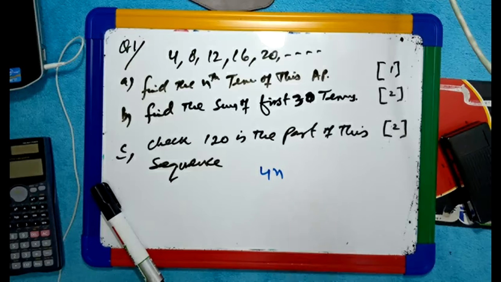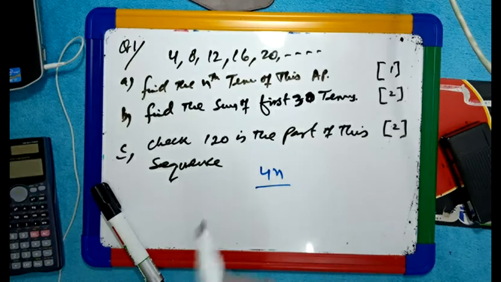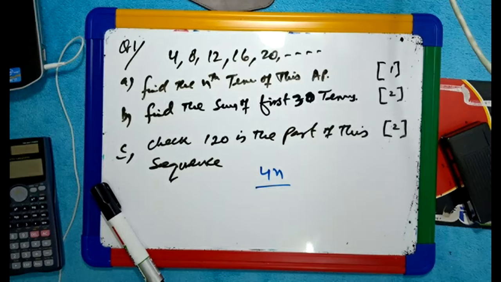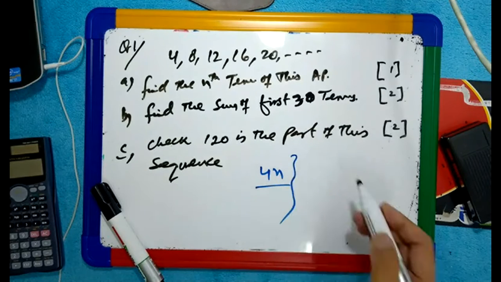Simple 4n, a multiple of 4, right? So 4n equals 120. 120 divided by 4 is 30. Yes, okay.